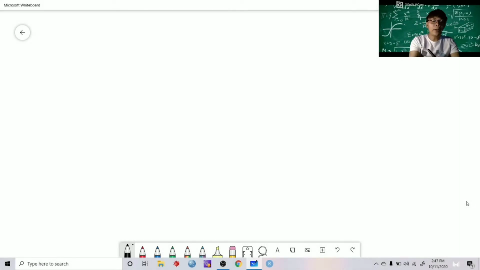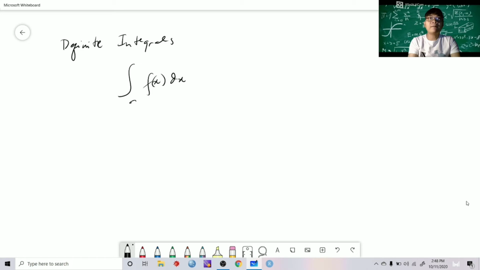Alright, so we are now at definite integrals. In definite integrals, it is of the form like this, wherein we have numbers above and below in this integral sign.